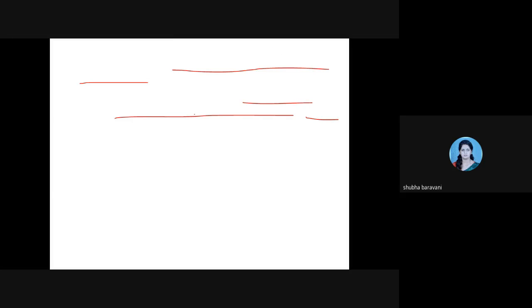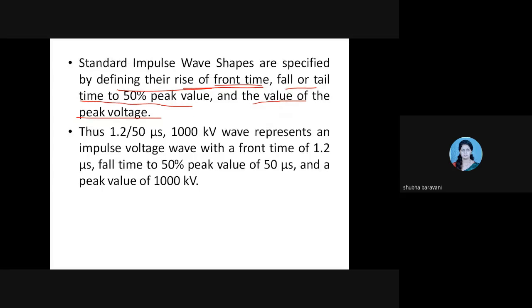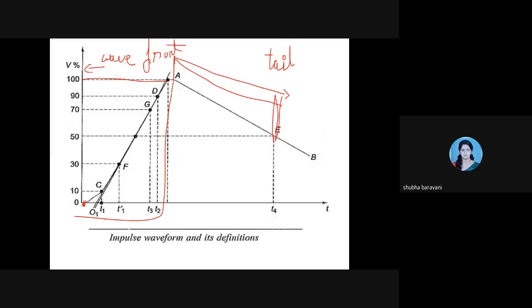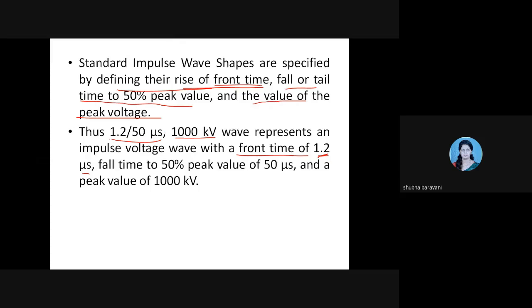So if you have been given a 1.2 by 50 microsecond 1000 kilovolt wave, it means 1.2 is your front time. A wave of 1000 kilovolt requires 1.2 microseconds to rise from 0 to point A, and at point A it has the value of 1000 kilovolt.